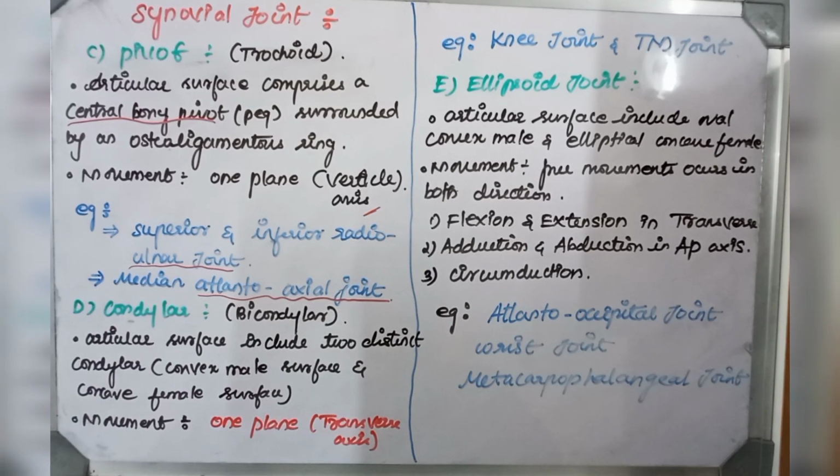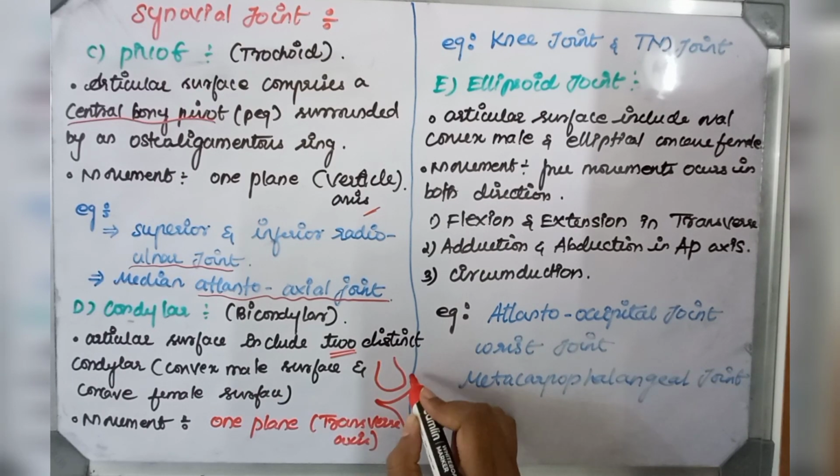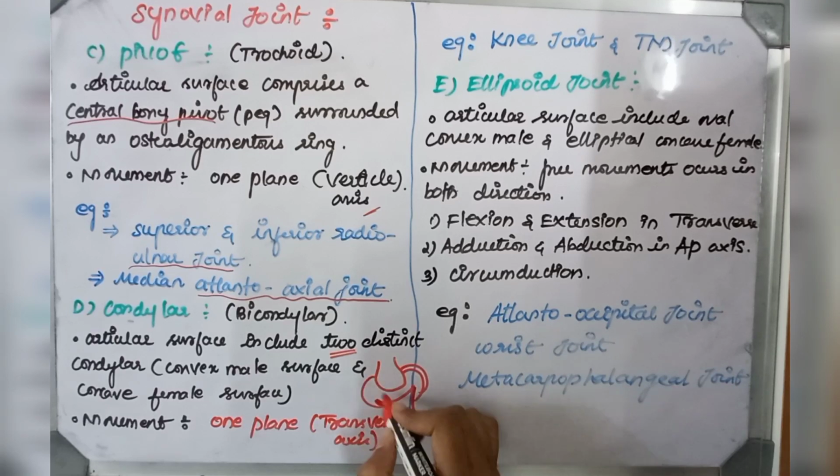Let us see the condylar type of joint. It is actually bicondylar. In its articular surface, it includes two distinct condylar surfaces. In this type, the upper one is convex and the lower one is concave.